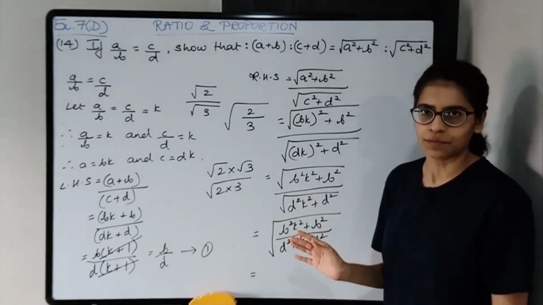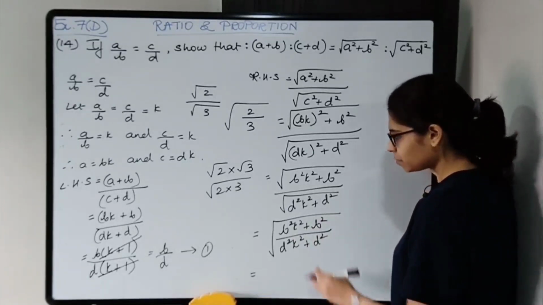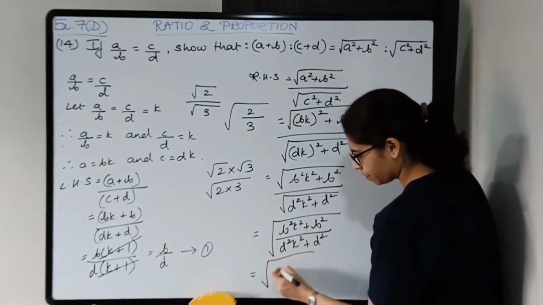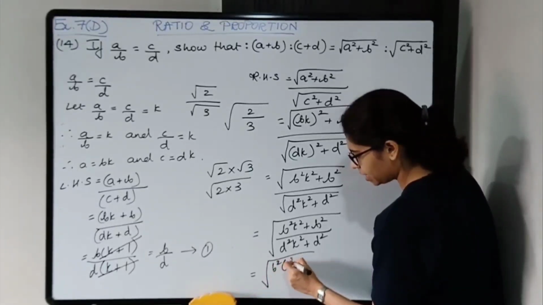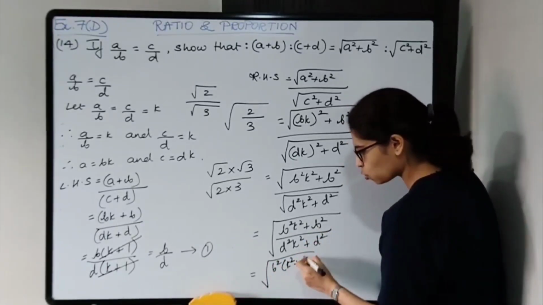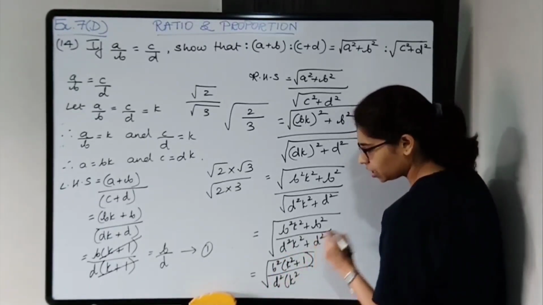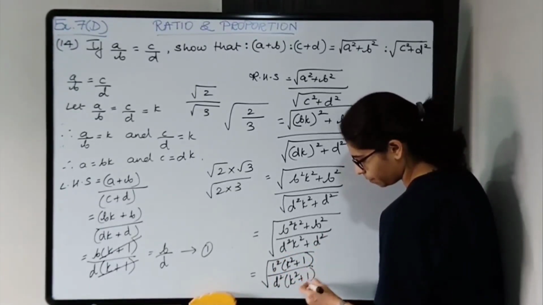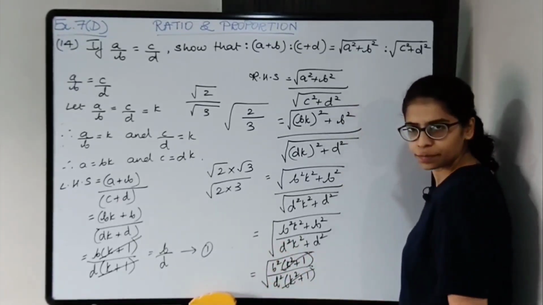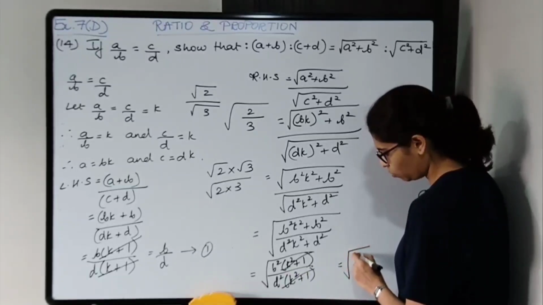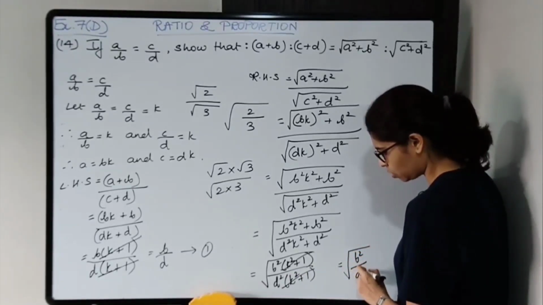Over here I can take B square common, and in the bracket K square and nothing is left over here, so 1. Same thing over here, D square common, nothing is left, so 1. I can cancel this out. So you're left with square root of B square upon D square.